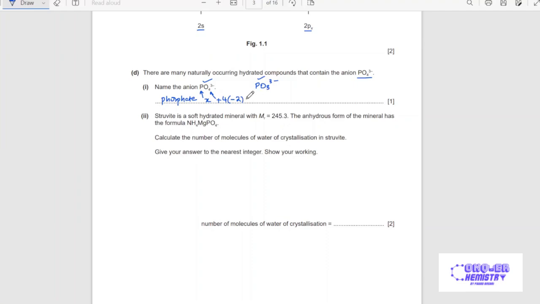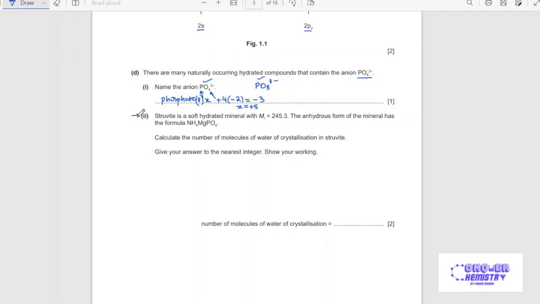The less electronegative phosphorus will get X, and we add these up to give -3, the charge on the ion, and X will turn out to be +5. So after phosphate, I will write the Roman numeral 5. That's the full name of this anion.